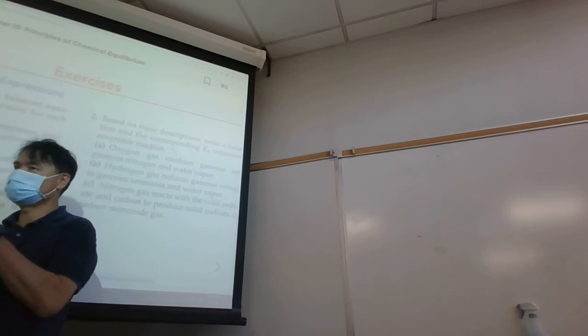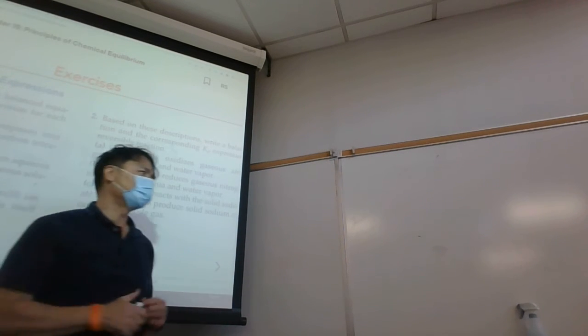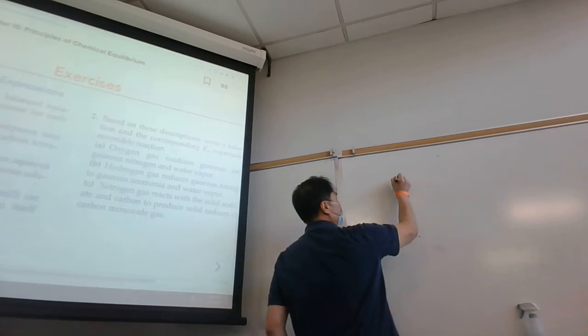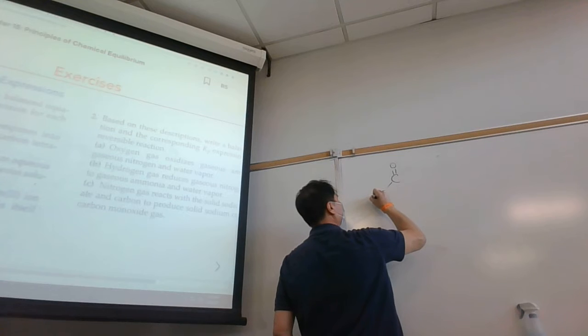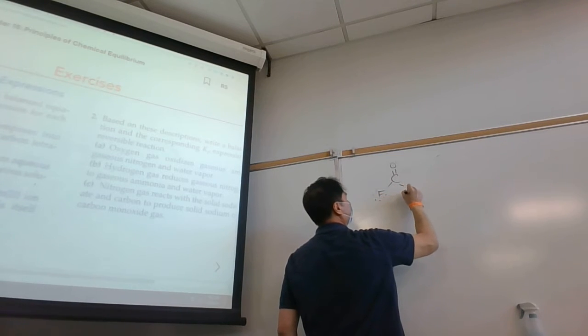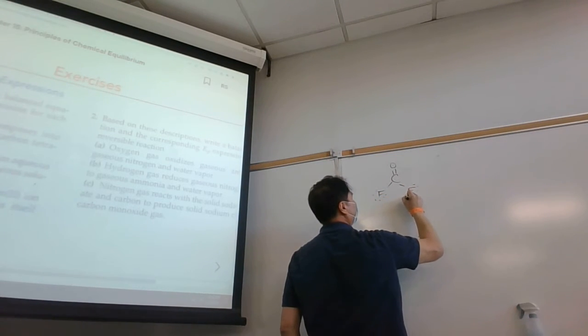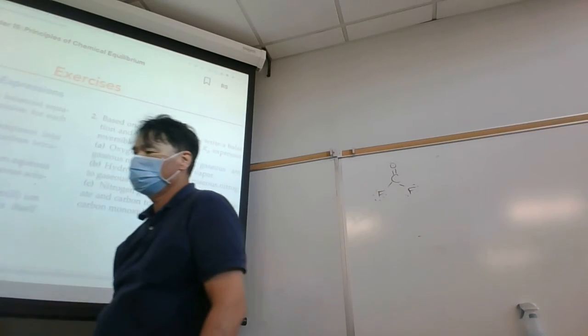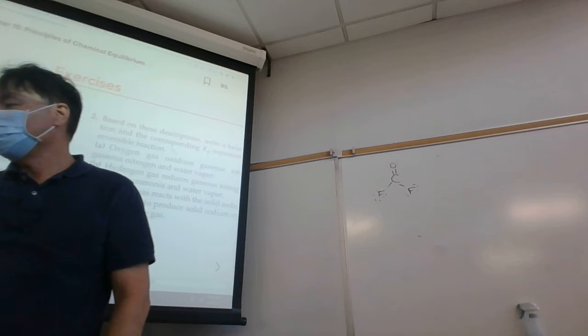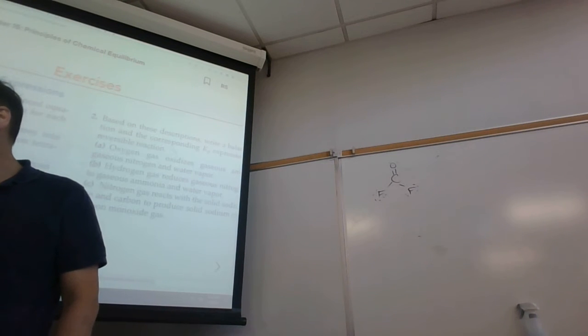Carbonyl is C double bond O in organic chemistry, and they just have 2 fluorines attached to it, like this. So maybe if you heat this stuff up, it decomposes into carbon dioxide and carbon tetrafluoride.